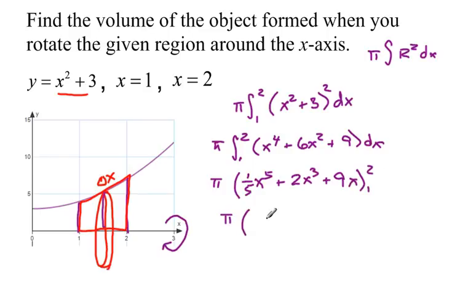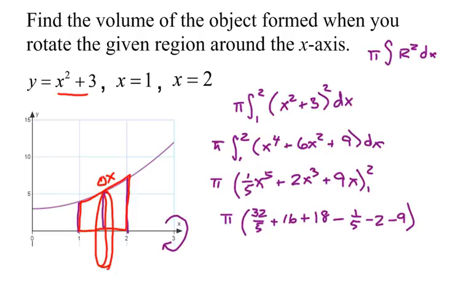And now we're going to plug in our numbers. So I've got 32/5 plus, let's see, 2 cubed, 8 times 2 is 16, plus 18 minus, plug in 1, 1/5 minus 2 minus 9. And for our purposes, I'm going to leave our answer right there.